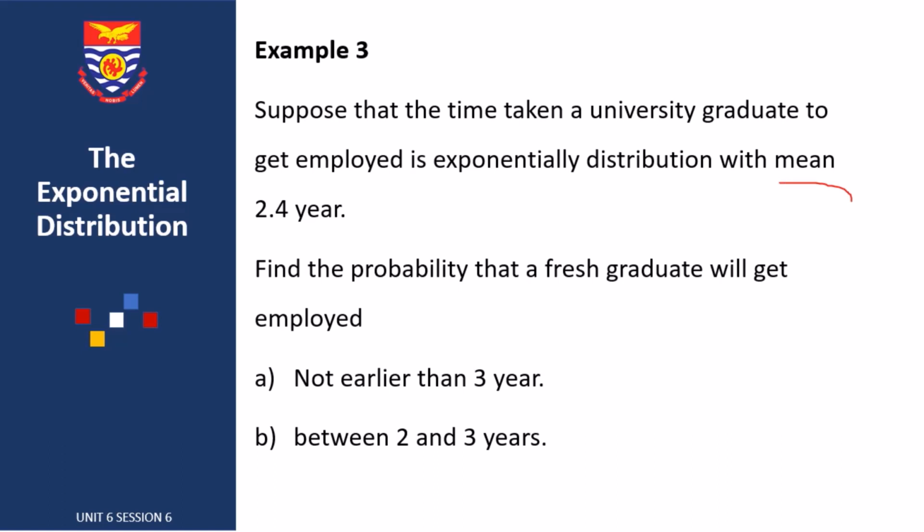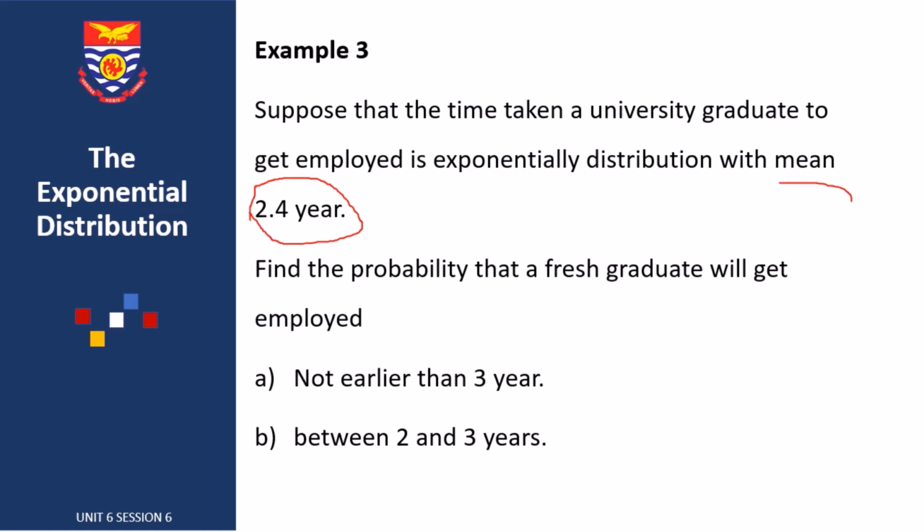It didn't say the rate. Unlike the previous example that talked about the rate, here we are given the mean. And you know that the rate is lambda, and the mean, as in the theorem, is 1 over lambda. That's the expected value.